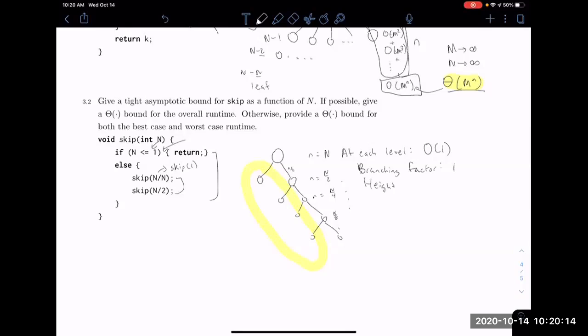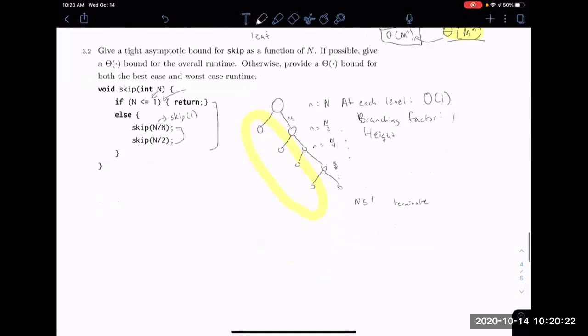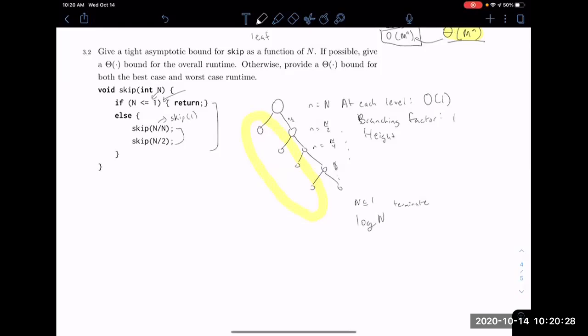So whenever n is less than or equal to 1, we just terminate. So how many levels do we have? We can see that we have log of n levels because we're dividing by 2 at each level, and we stop when n is 0 or 1, less than or equal to 1. And that gives us a runtime of log n.